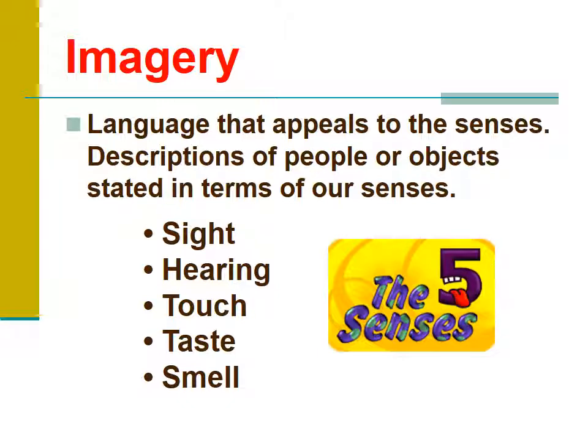Basically, he's describing what the readers can see or hear or touch or taste or smell via the medium of the book that they are reading. So that would be imagery.